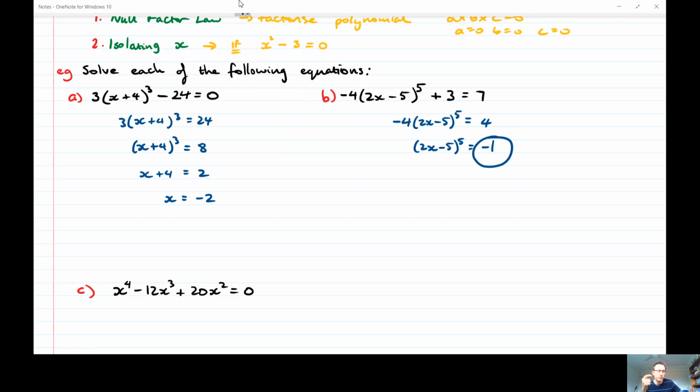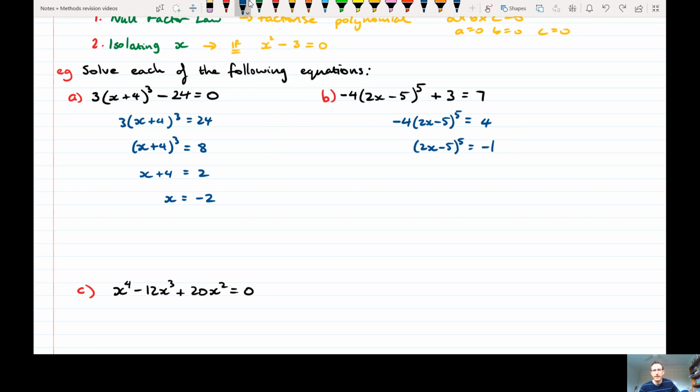We can't take a square root or fourth root of a negative. But because we have an odd power, we can indeed simplify that. So the fifth root of -1 is -1. Because a fifth root, remember, means what number times itself 5 times gives you the -1.